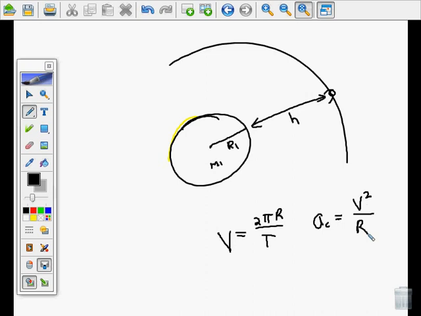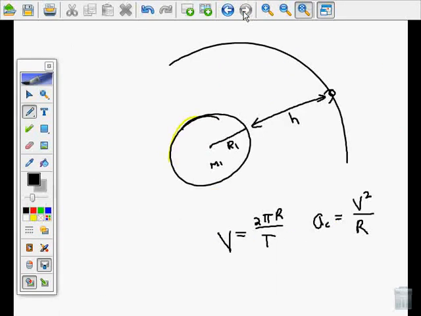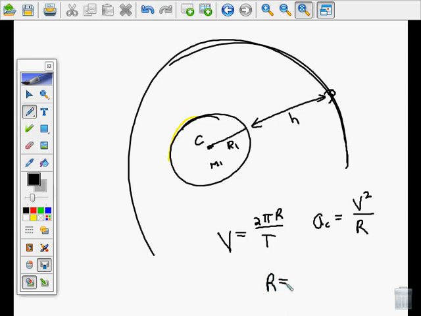Well, r, capital R in these two formulas, remember, is the radius of the circular path that the object is going in. So if this is the circle, and this is the center of the circle, well, what's the radius of that circle?